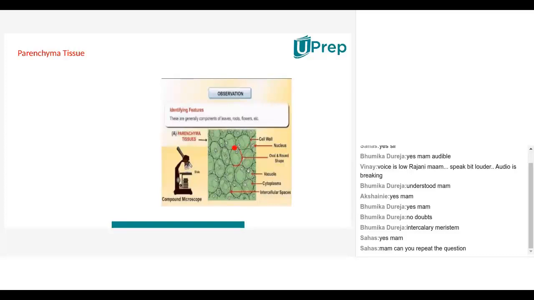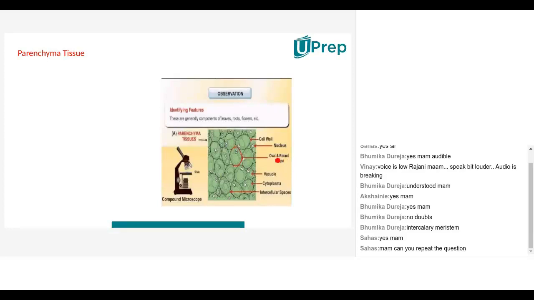See, each cell does not have any definite shape. Some are oval, some are cylindrical, some are hexagonal. Yeah, they have various shapes. So the parenchyma tissue contains cells which have different shapes like oval, round, cylindrical, etc.